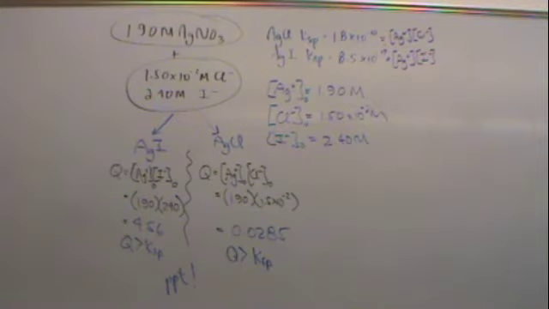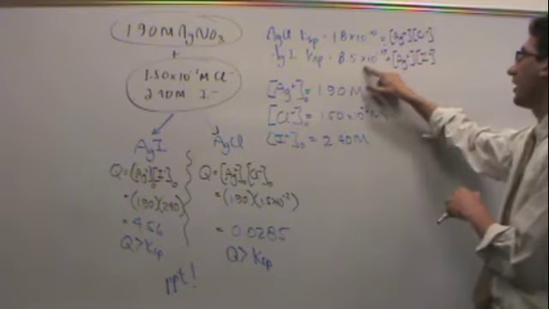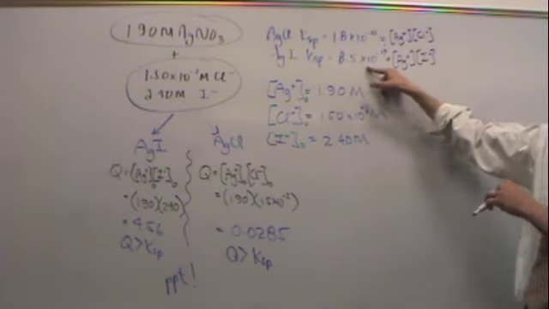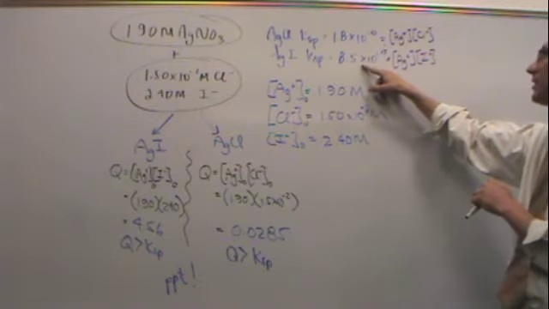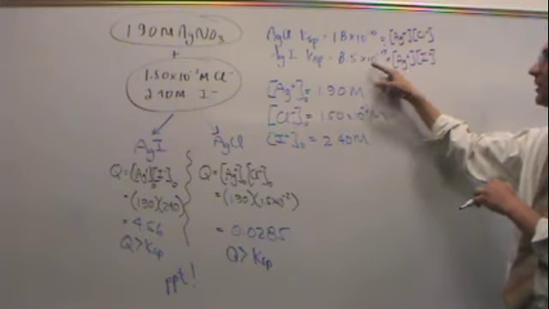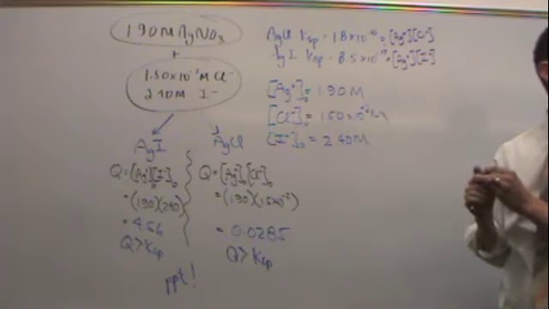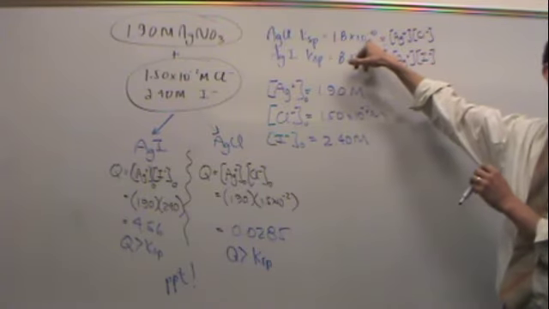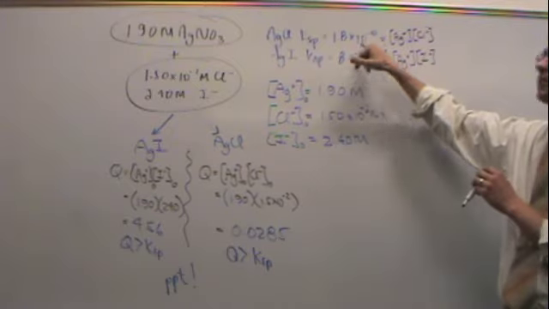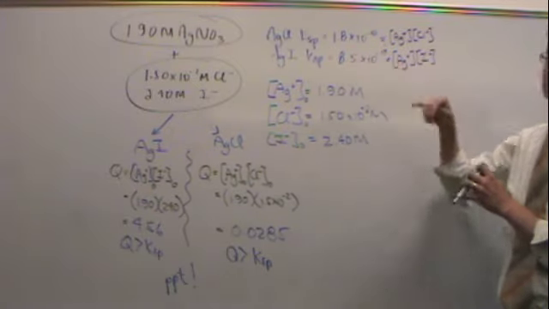Figuring out which one is going to precipitate first will take a little bit more work. In this case, I think they just want you to just look at these numbers here. So if K here is smaller, then the left-hand side is favored more. This one will likely precipitate by a factor of 10 to the 7 before this one. So that would be the AgI before this one.